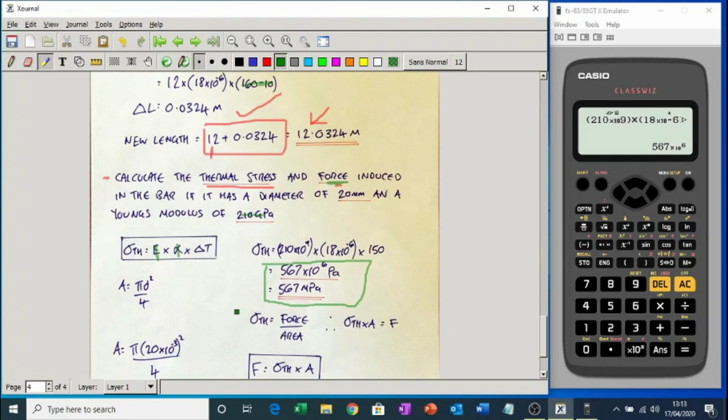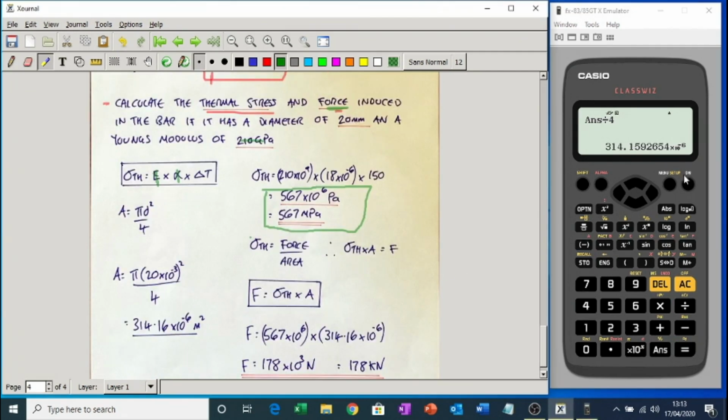I'm going to convert that into meters just by doing this. We'll square that, times it by shift pi, and we'll divide that by 4. Gives me this, 314. So I've rounded up a bit there.